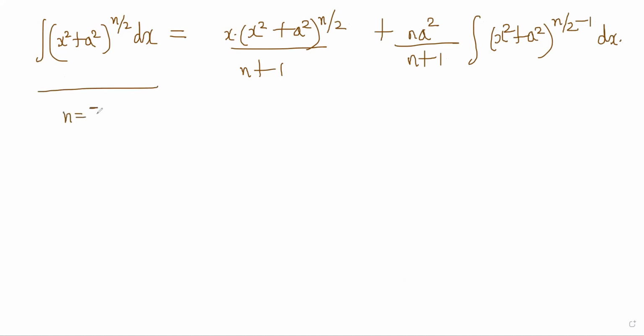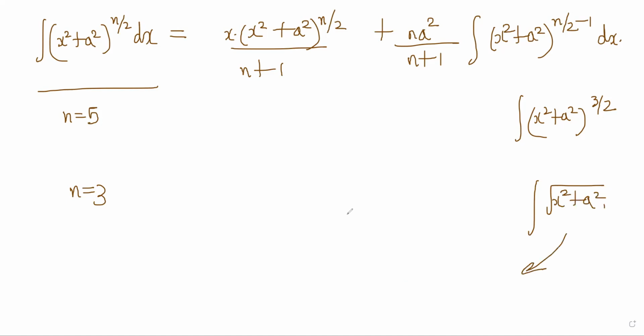Now put n equal to 5. You will get the formula in terms of 3/2, so this will become (x² + a²)^(3/2) here. And then put n equal to 3. You will get it in terms of the integral of root of x² + a², and this is a standard result. So you will work back, you will get the formula for I3, and then for I5, and that will be the answer, right? So this was one example where we applied this.